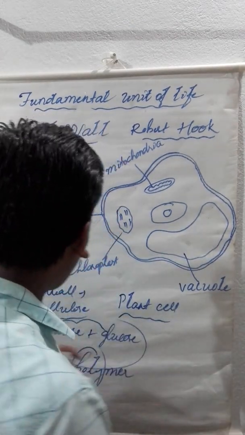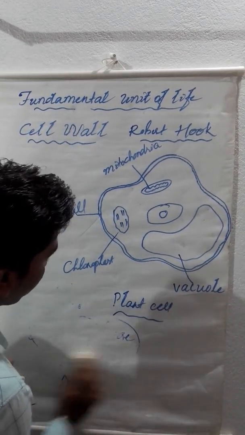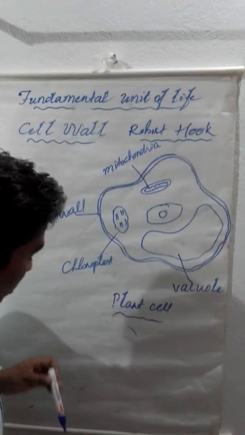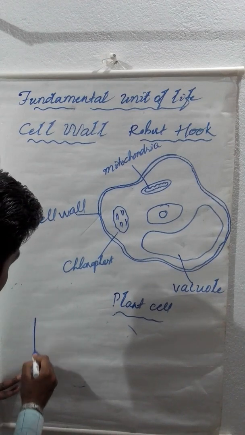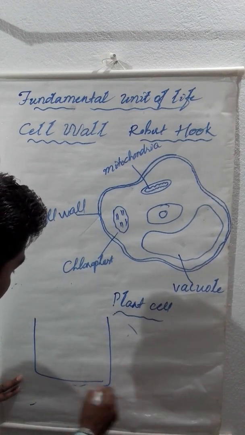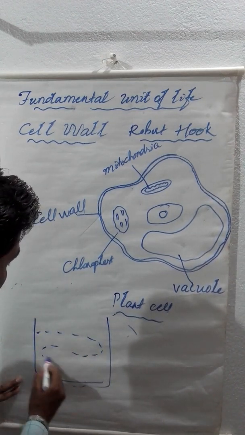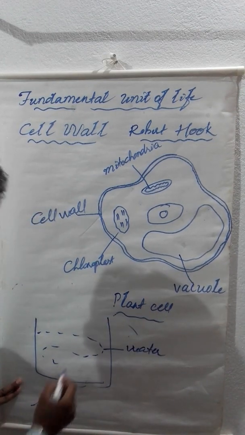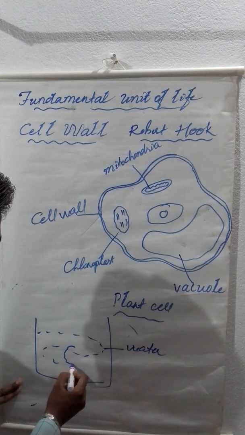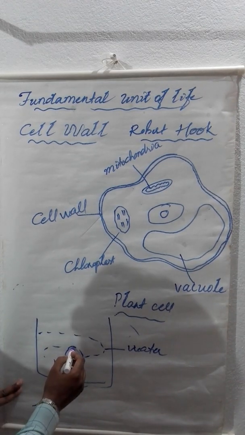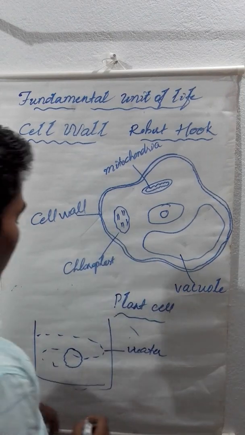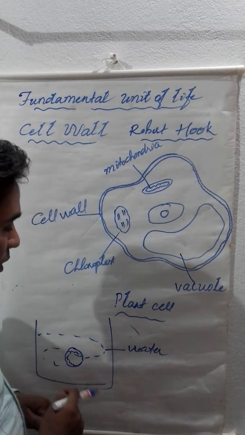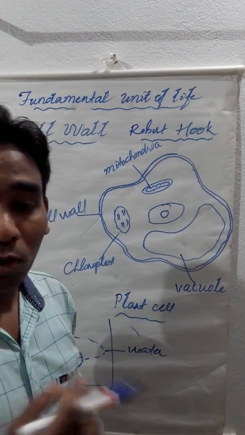Already we discussed the hypotonic solutions. Suppose we take a container containing water, and within this water we put a plant cell. In the previous topics we have already discussed the hypotonic solution.